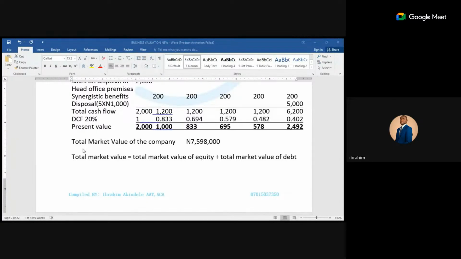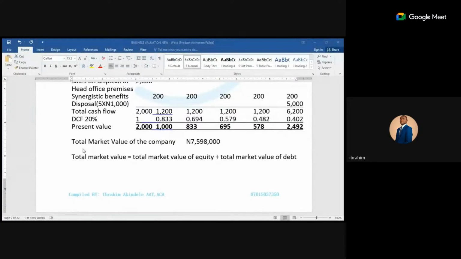The reason why the total market value of the company includes equity and debt is because you use weighted average cost of capital to discount, which includes equity and debt. So when you're given the cost of equity, what you have as a value is the maximum price.